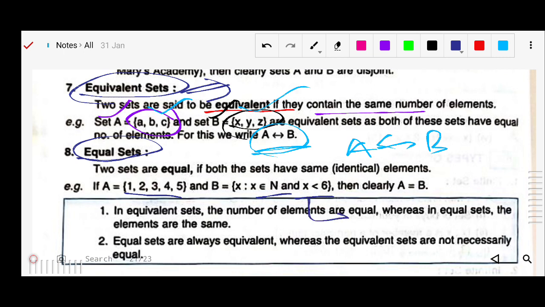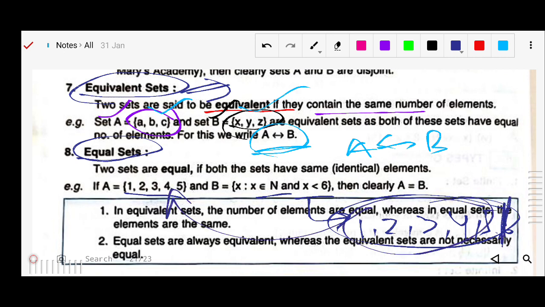Less than 6 means 6 will not come, so that's up to 5. You can see these two sets have the same values, 1, 2, 3, 4, 5. So clearly this is called equal. Whenever you write equivalent, we use the double-headed arrow, and for equal, A equals B. So these are the types of sets.